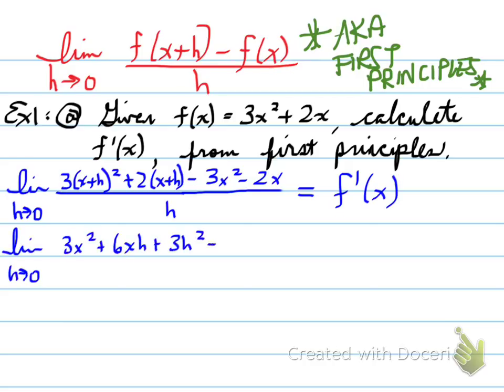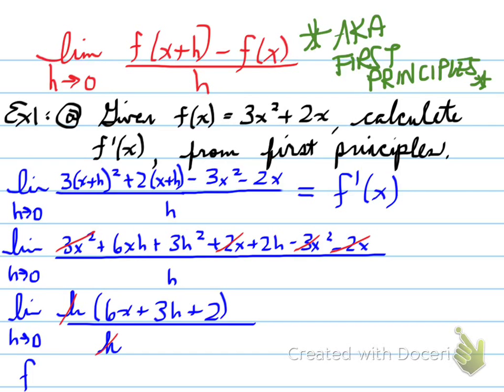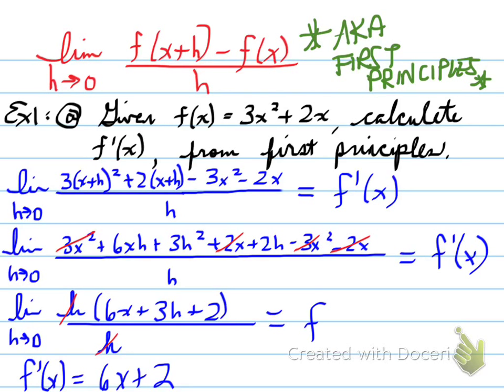Expand it, collect like terms, factor for h, and the h's cancel, and you get f prime of x is equal to 6x plus 2. 6x plus 2 is the derivative of f of x, the original function.